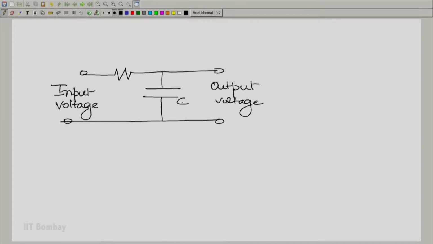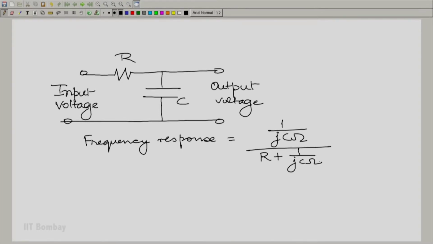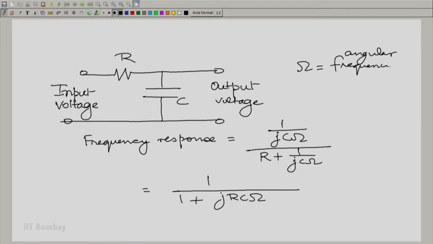The capacitance is of value C, the resistance of value R, and let us write down the frequency response of this circuit. Here omega denotes the frequency or the angular frequency, and let RC be denoted as tau, the time constant. This is the frequency response.